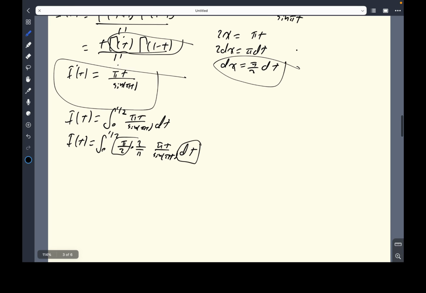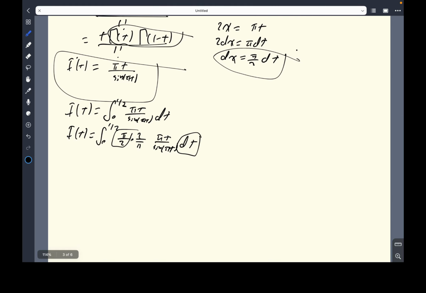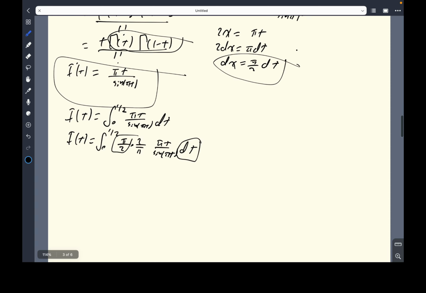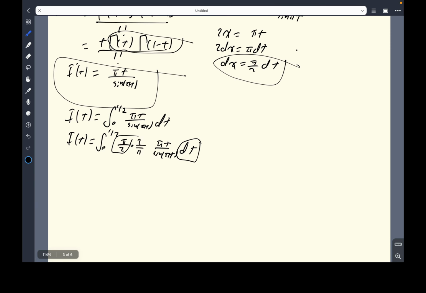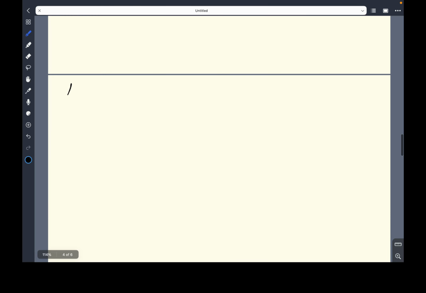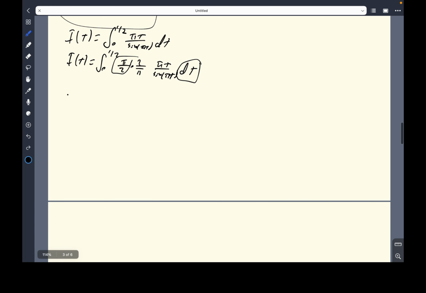And then, okay, so I can collect sine pi t as sine 2x, which eventually is going to yield I of t to be the integral from 0 to half of, if you do all the work, 2x over sine 2x dx.